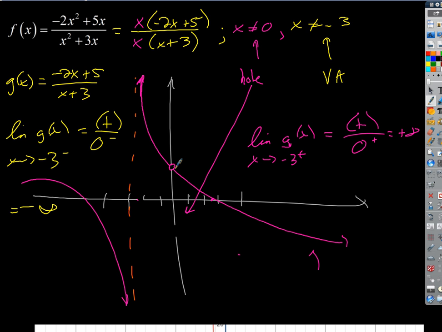But if I evaluate the function at x equals 0, it would be 5/3. It doesn't exist on the function. But if we want to know what's the point that is being removed, it's the one that we would get if we plugged in 0 into this function. Right? Okay? All right.